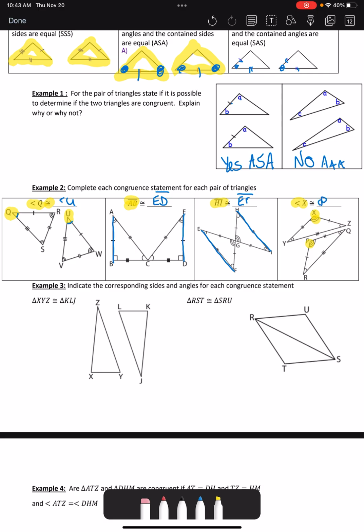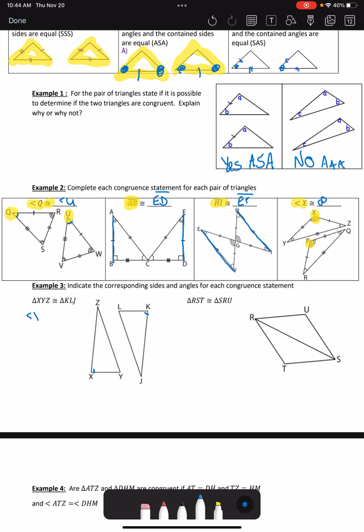All right, indicate the corresponding sides and angles for each congruent statement. So here we have triangle XYZ, so it's asking us to list all the angles that are congruent. So I'm going to actually use like the loops to help me. So I know X is going to be congruent with K. So I'm going to write angle X. Let me try that again.